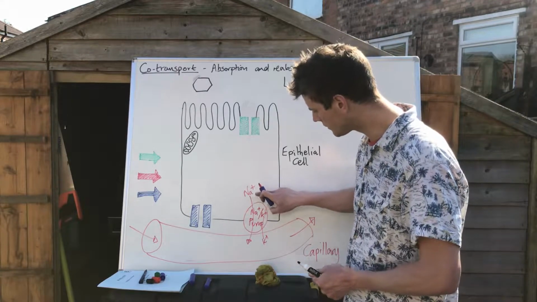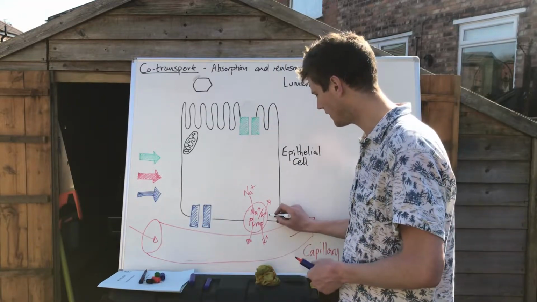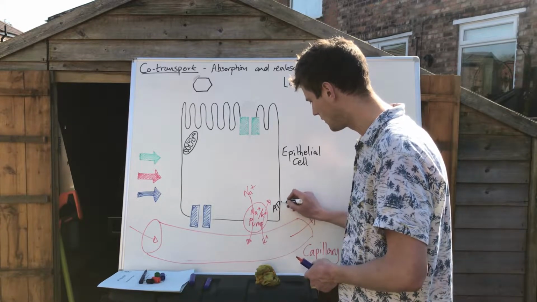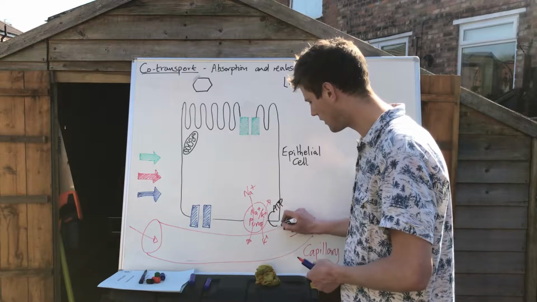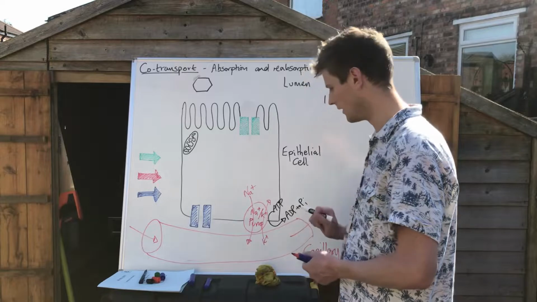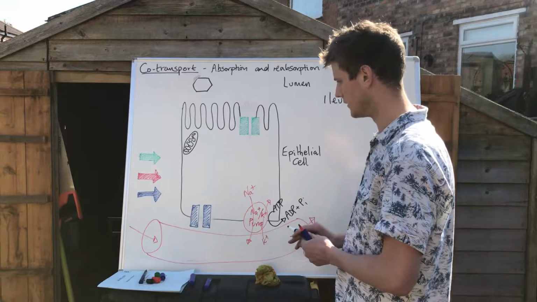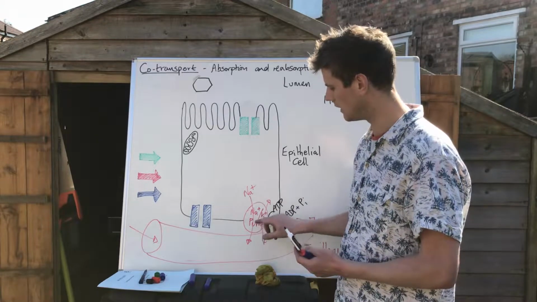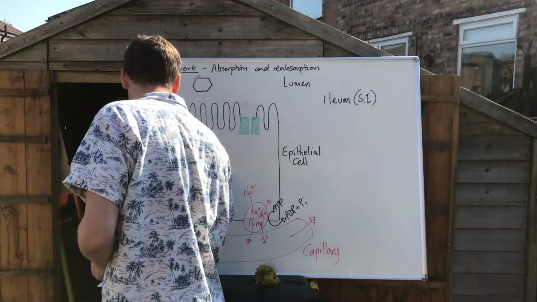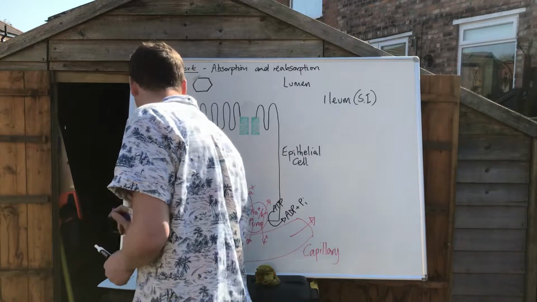So, as those sodium ions are actively transported out, as you'll know, that's going to require ATP. So ATP is hydrolyzed down into ADP and an inorganic phosphate, and that provides the energy to allow this active transport. So where we see the red arrows here, this is active transport.